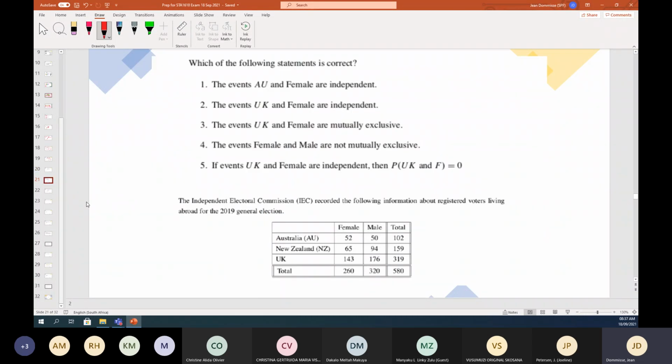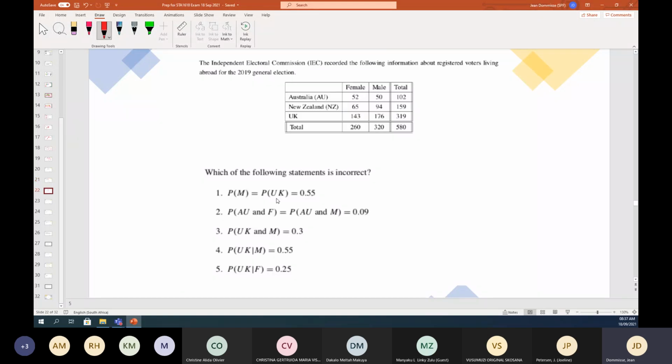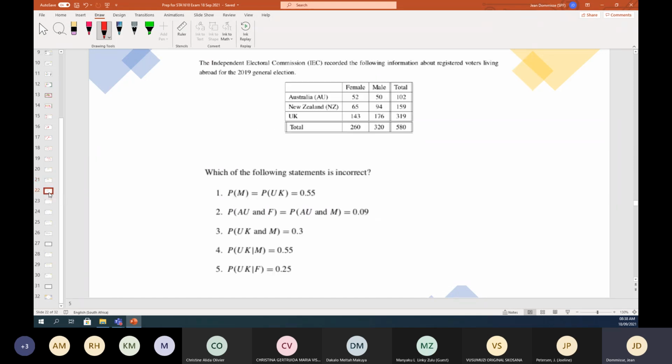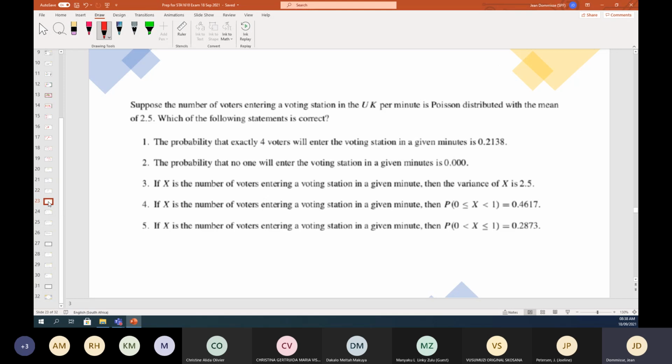What they can also do is, like this one, give you the totals and ask you a few questions. This was from a previous online mock exam. You can see there were a few questions on that.